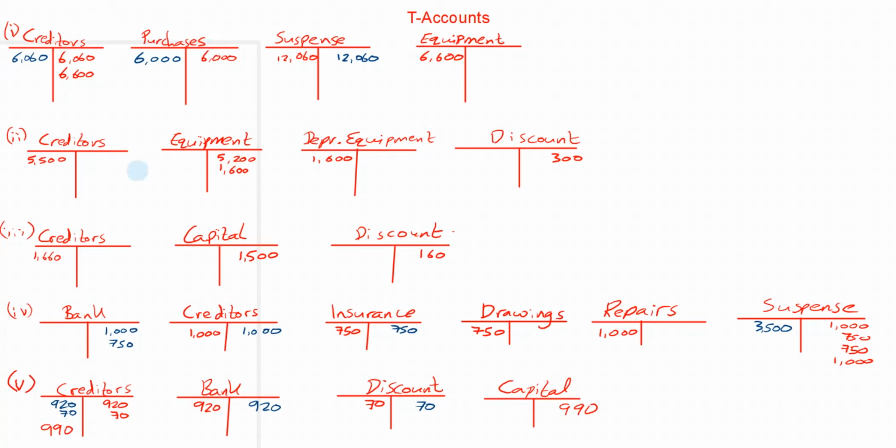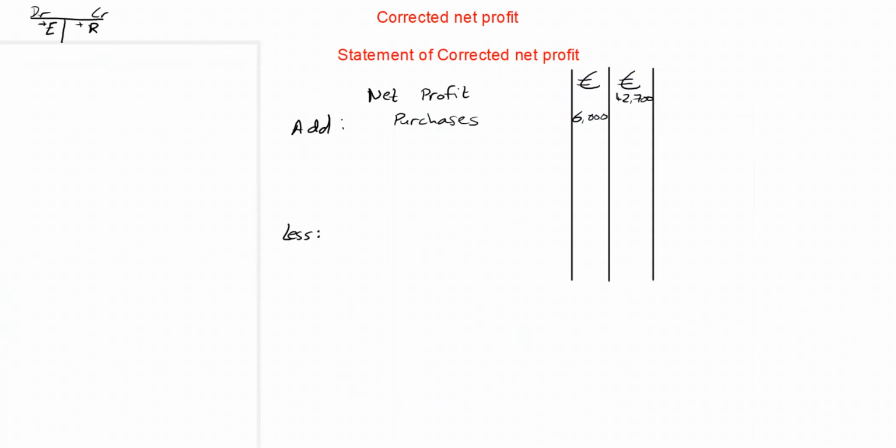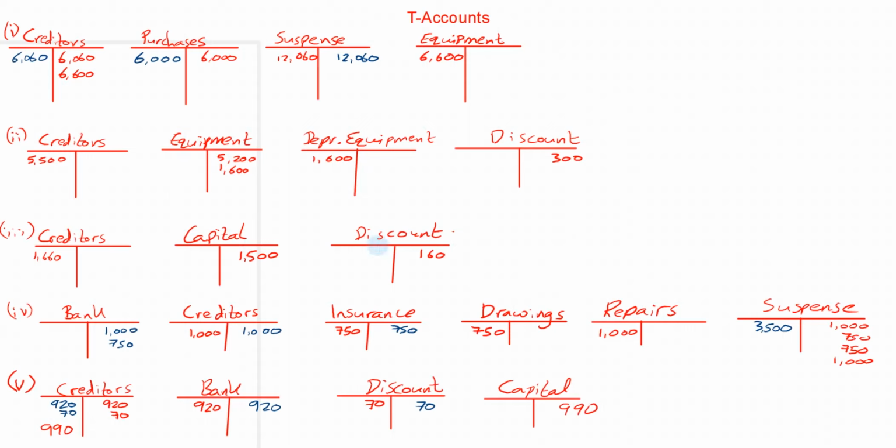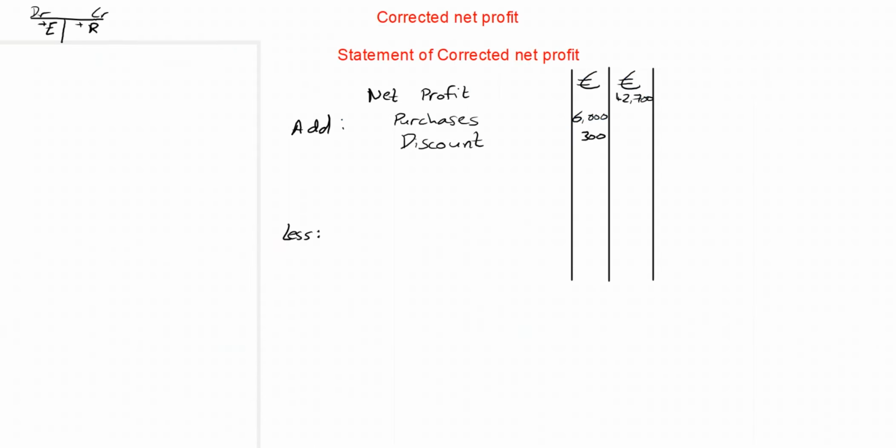So what else is there? This discount, we know that is a P&L figure. It was on the credit side, so we received a discount, so that's 300. And we have another discount of 160. Again, that has to be positive because it's on the credit side. So another discount.